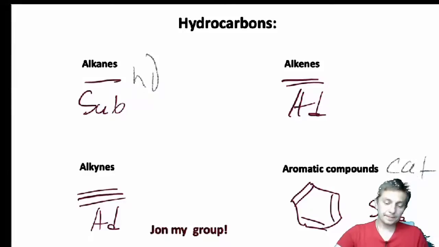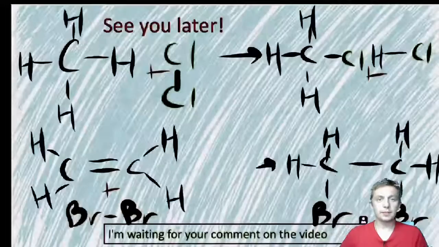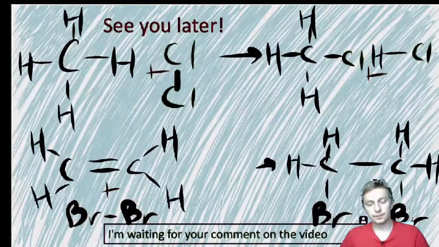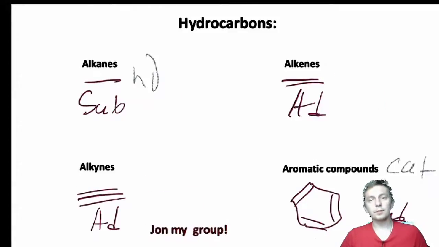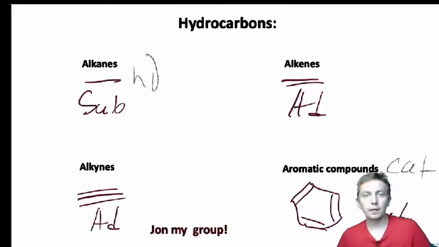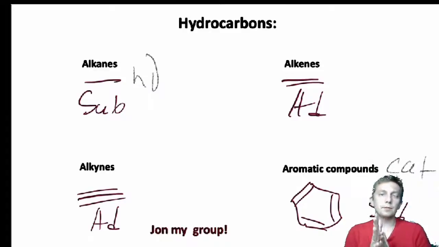And if you know this, you can predict most reactions. So remember, if you know structure, you can predict properties. We did not discuss specific reactions for each group, just in general: if double or triple bond, addition; if aromatic or no double or triple bond at all, substitution.